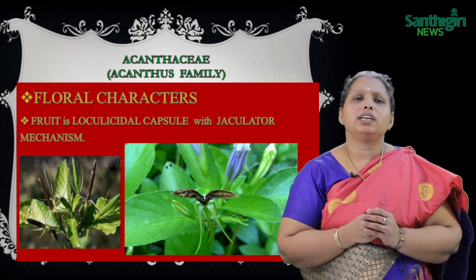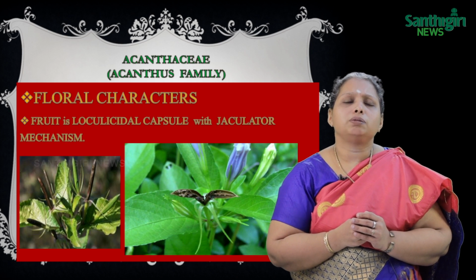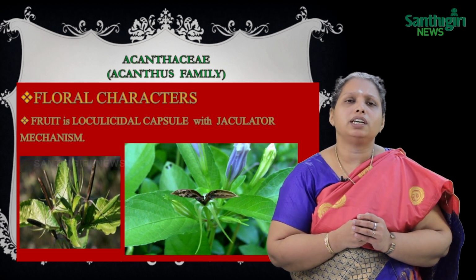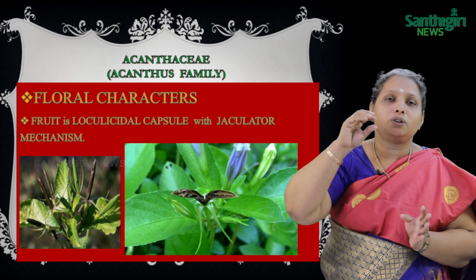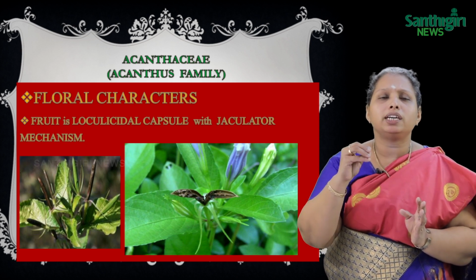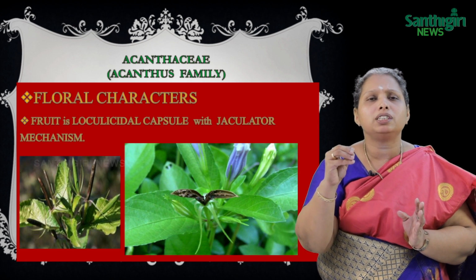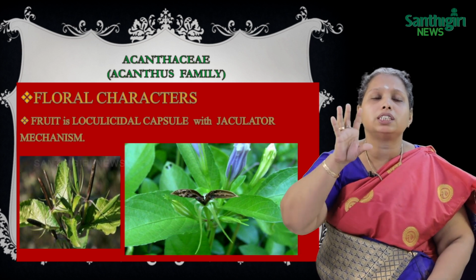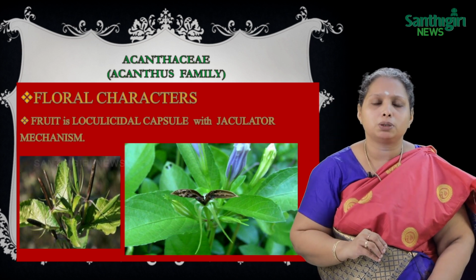Then the corolla is personate, with 4 or 5 lobes, bilabiate, a person's mouth-like corolla.